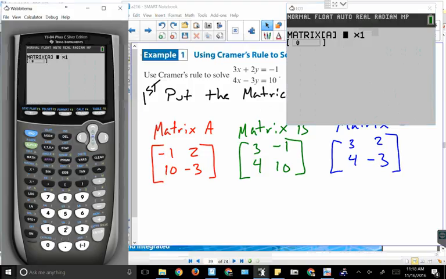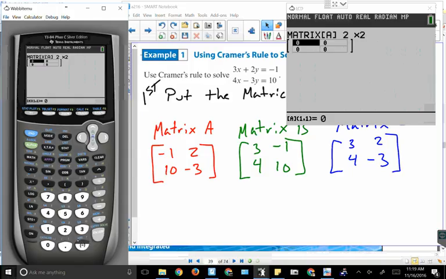2 by 2. And then we just put the numbers in. Negative 1, 2, 10, 3. Oh, my 3 is supposed to be negative? Okay.